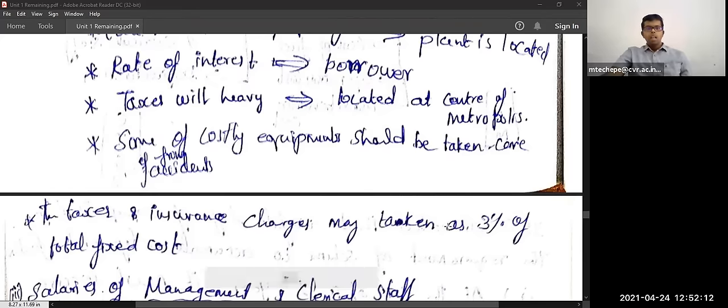Nowadays they are charging a minimum of 8%, 10% as insurance. Even if you are buying a vehicle of 70,000, 80,000, for insurance you are paying 3,000, so merely 2%, 3%. If you construct a power plant, also a minimum of 3%, with taxes also.